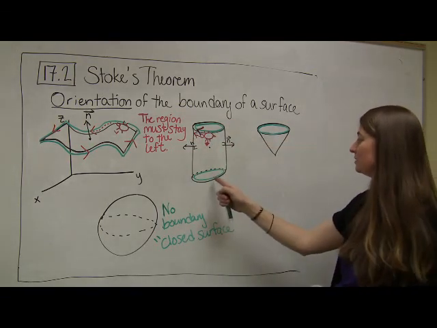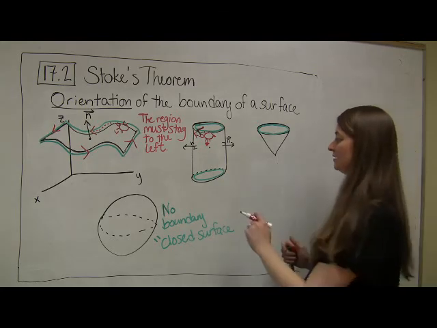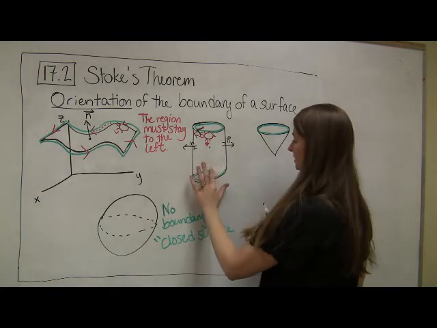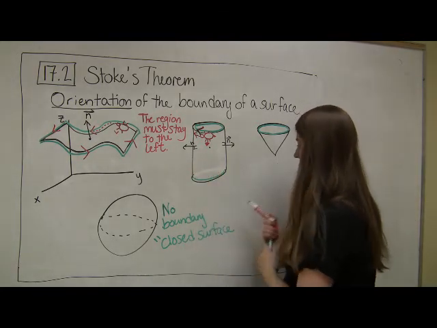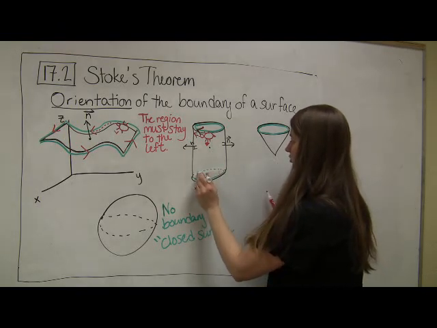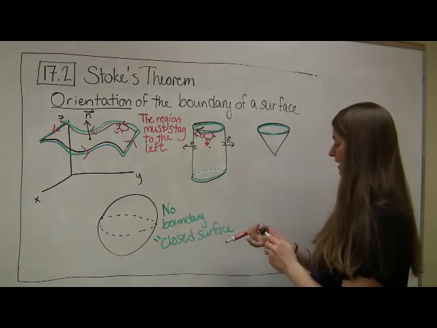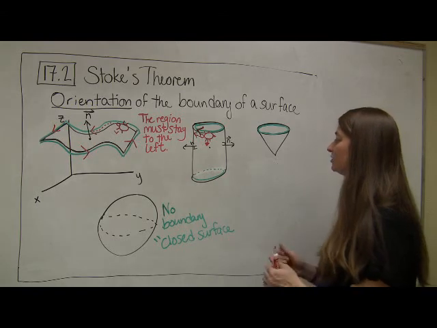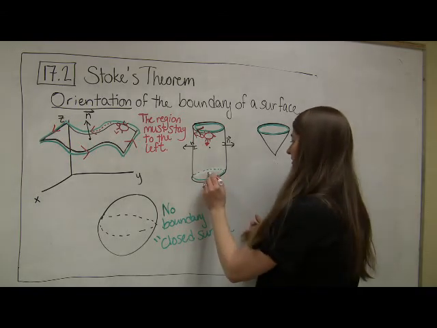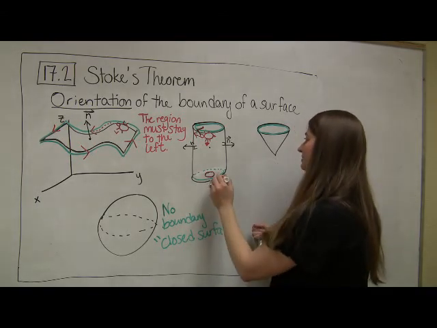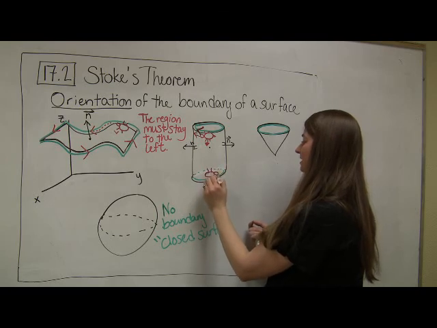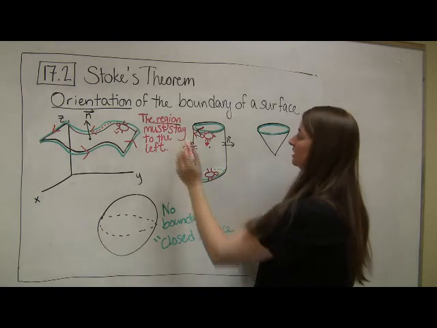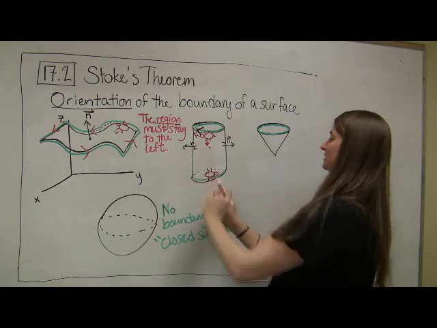But let's see what happens when the turtle is down here. I'm going to erase that side, that's sort of the back side. Again, the region, the flat part, has to stay to the left.